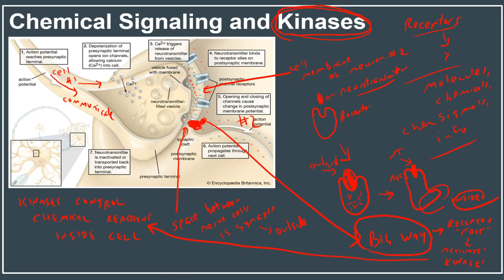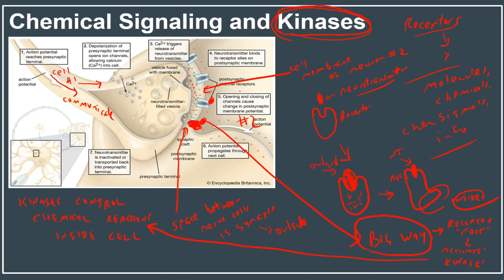You can get these little neurotransmitters causing these feet to come out in these little receptors, and now these little receptors can activate a whole bunch of kinases inside, and then they start doing all sorts of gangbuster chemical reactions where you get big changes inside of a cell, changes that are amplified, so you can amplify signals and start causing real responses in that second cell to things happening outside.